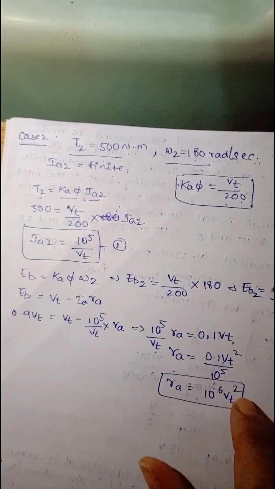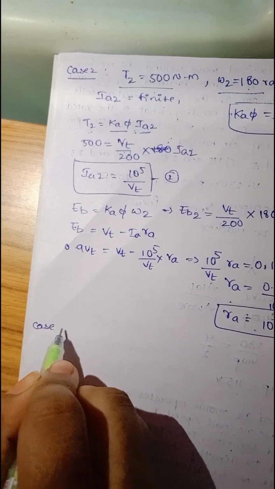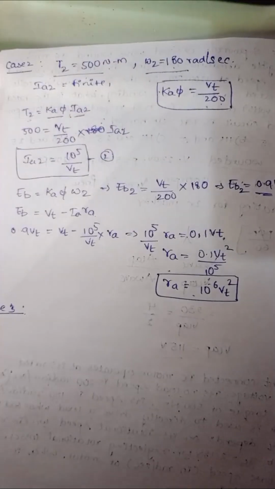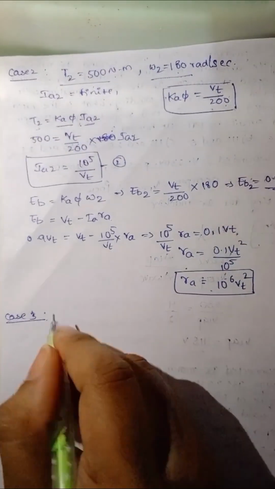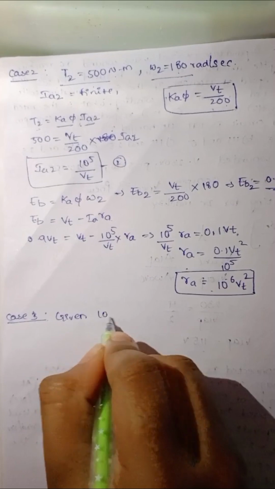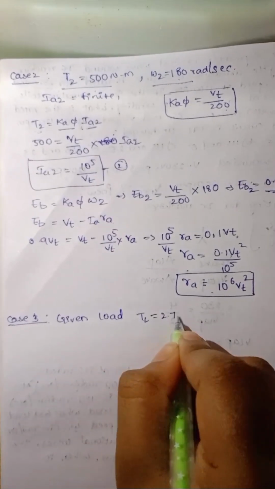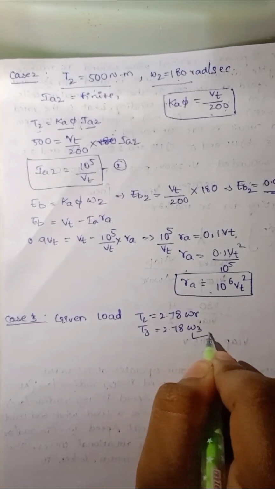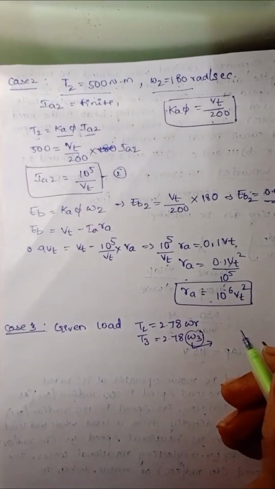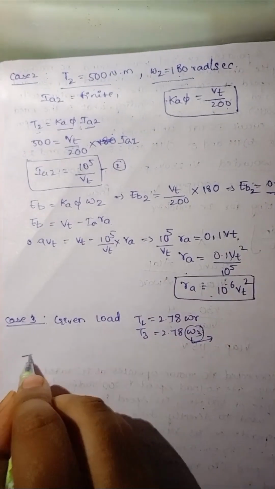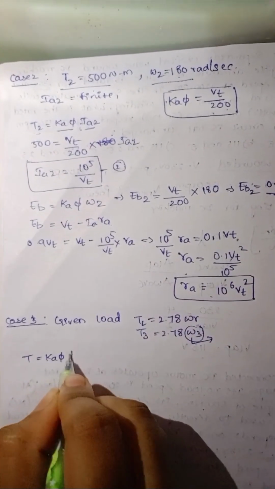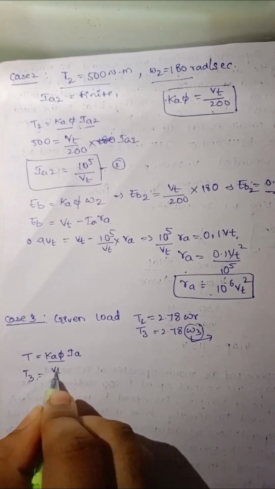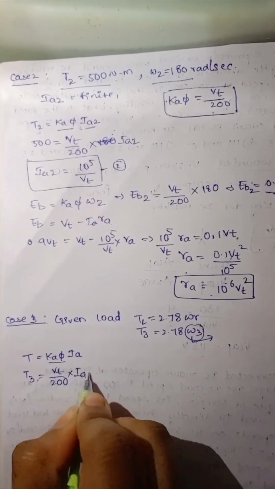Now case 3. In the third case, the load torque is given as 2.78 omega r, and as this is the third case, 2.78 into omega 3. We are asked to find this omega 3 value. Now we use the torque formula: T3 is equal to Ka phi Ia3, with Ka phi equal to Vt by 200 into Ia3.